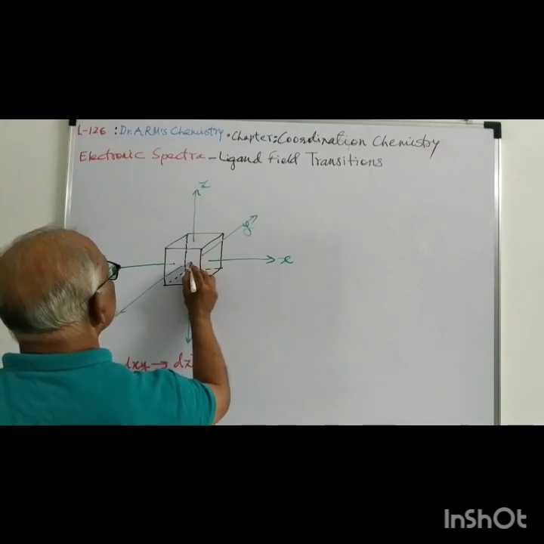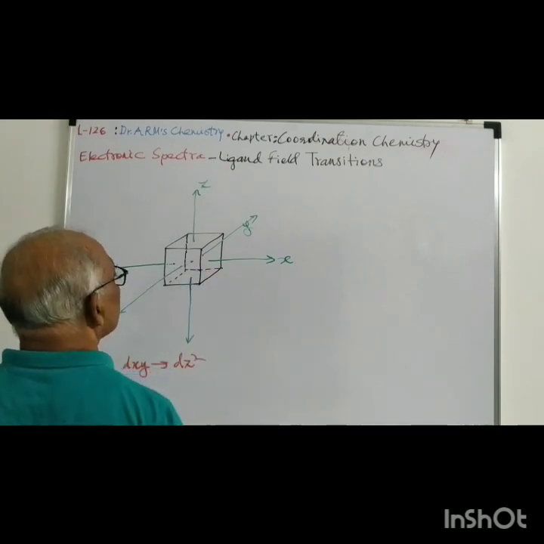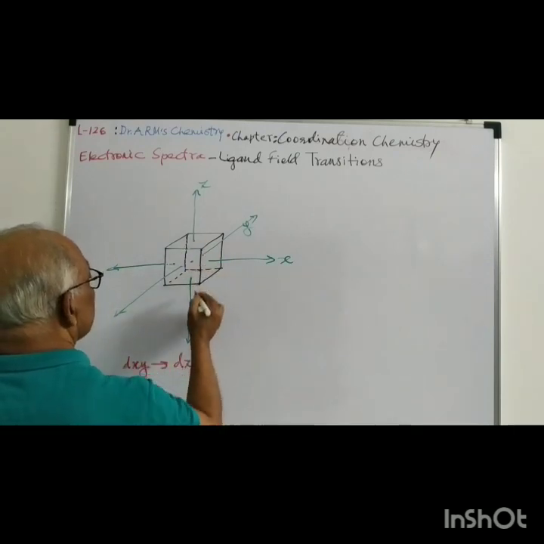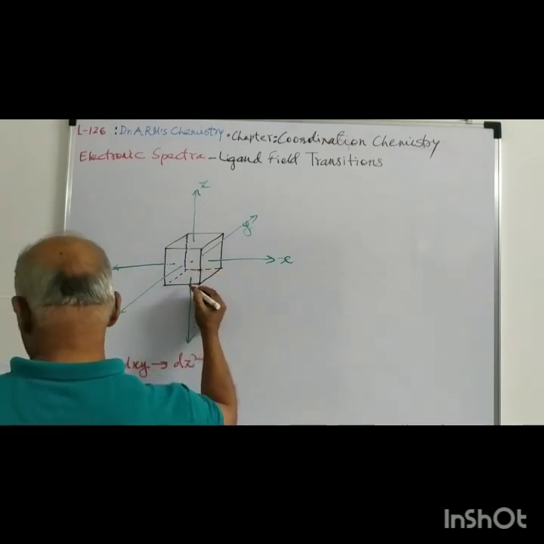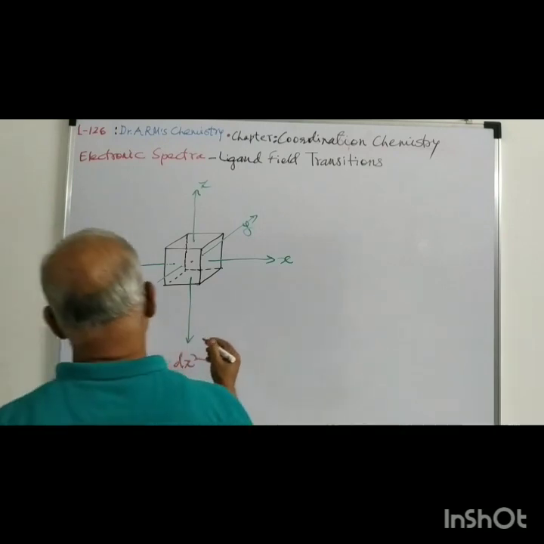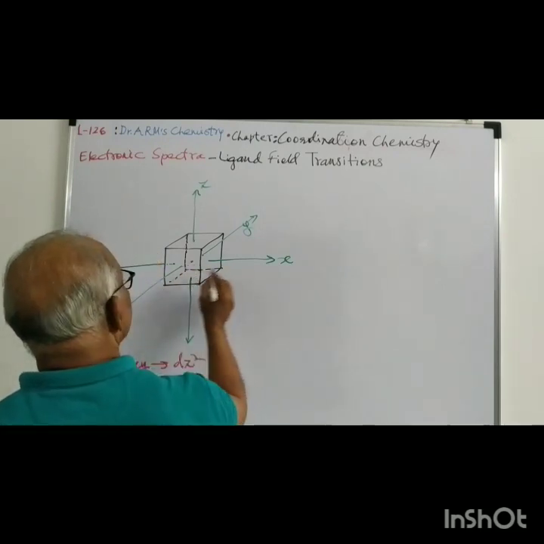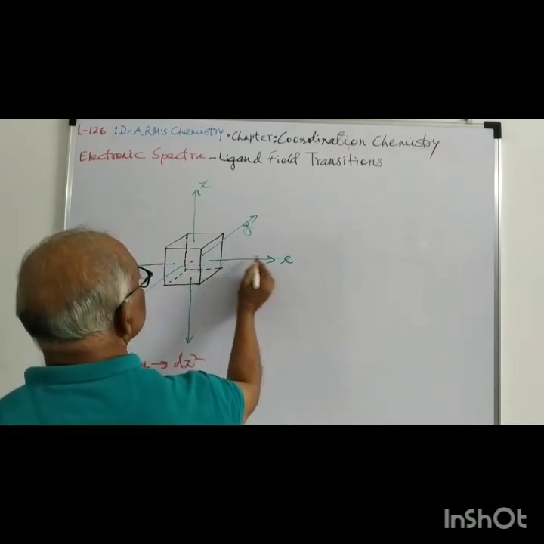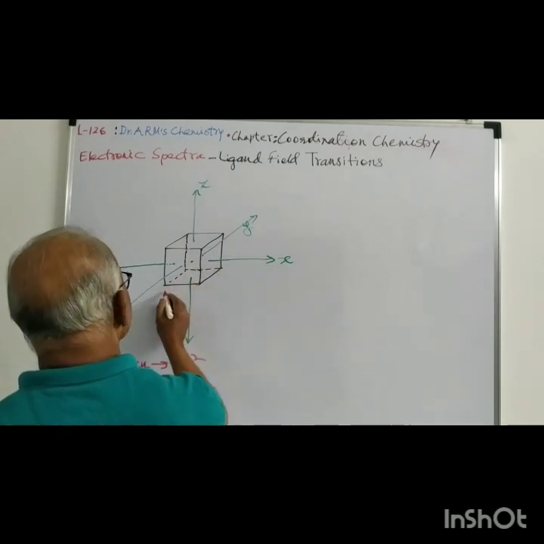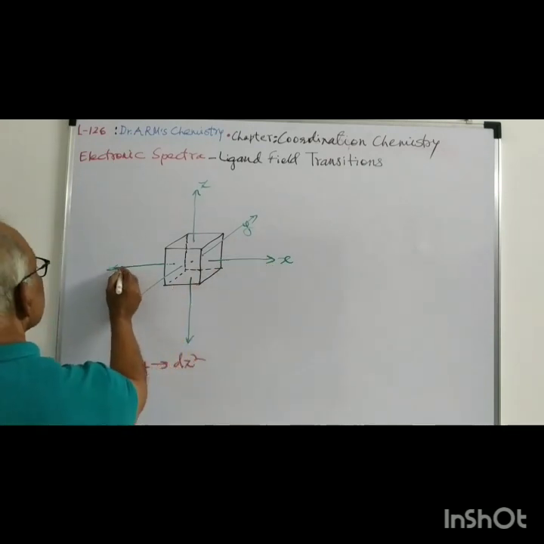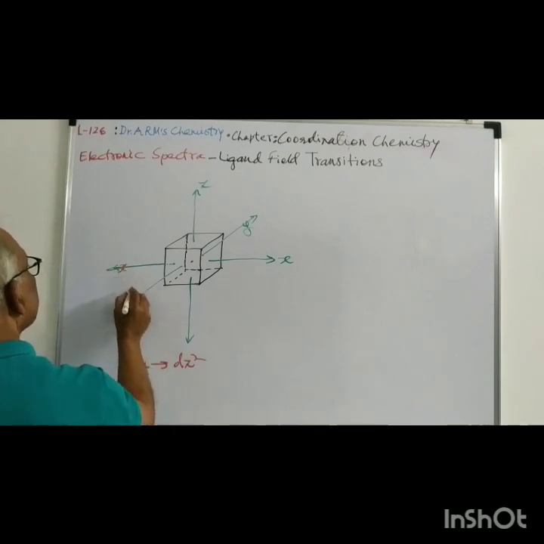So we can have this center of these all axis. Then the xy orbitals are present between the x-axis and y-axis. So here this is the x-axis part, and this is also y-axis.